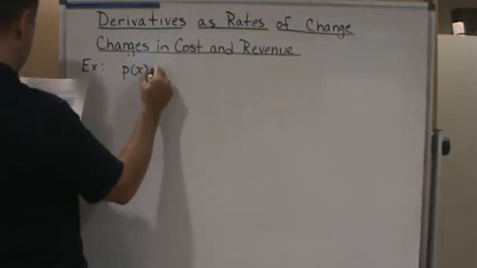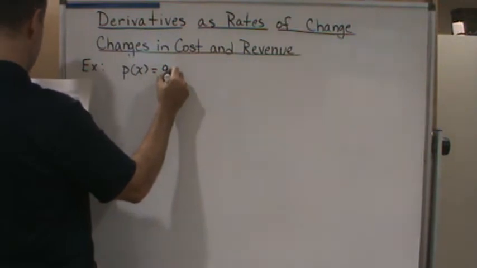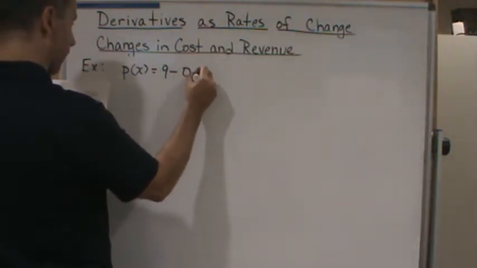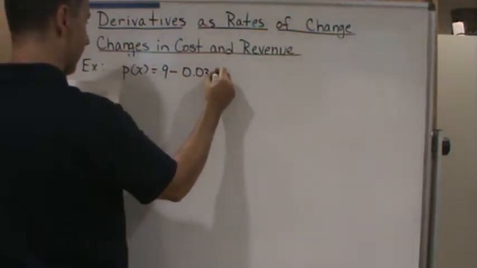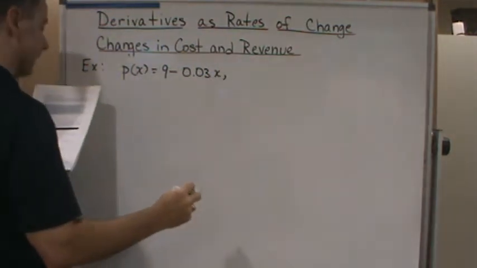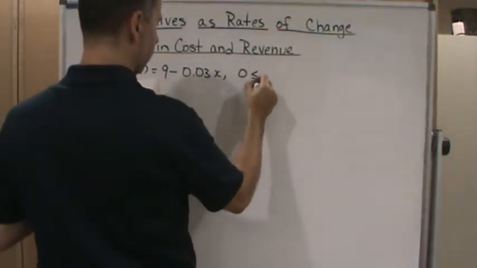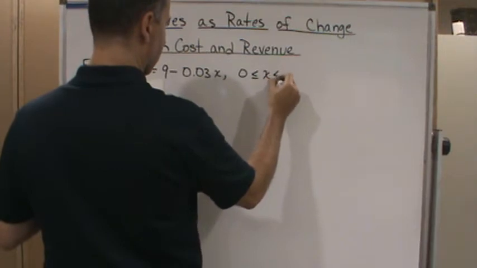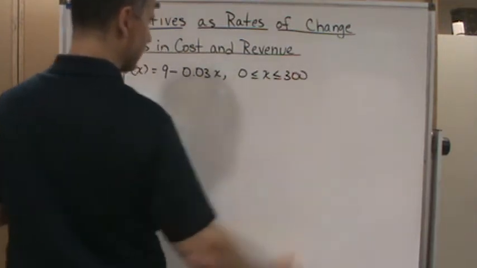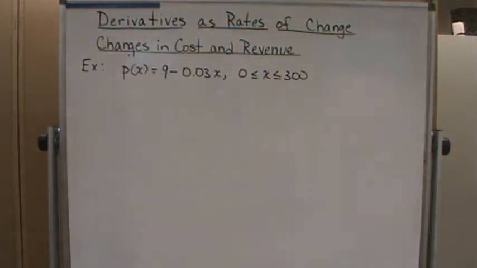P of X is equal to 9 minus 0.03X, where X is anywhere from 0 to 300. Okay, let's say 300 is the maximum number of widgets that they can produce, let's say in a day. They don't really tell us, but just that's the max, just to give you a little bit of context that it might have.